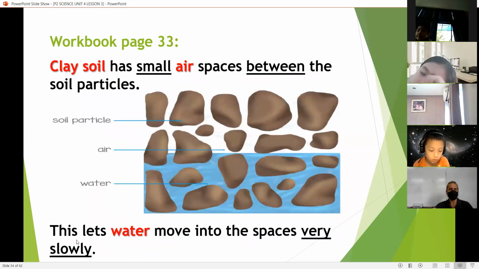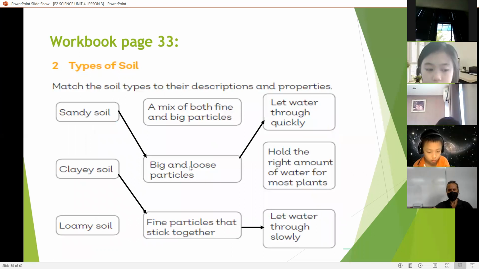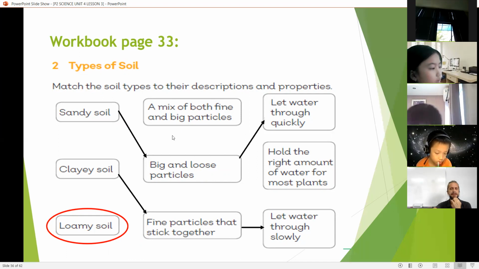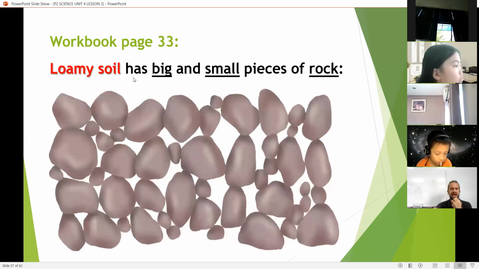Guys, water moves in clay soil very slowly. We can say here, let water through slowly. Yes, guys, if you're not finished, you can do. Right. Hey guys, one more. Loamy soil. So what is loamy soil? 1, 2, or 3? Loamy soil has big and small pieces of rock.